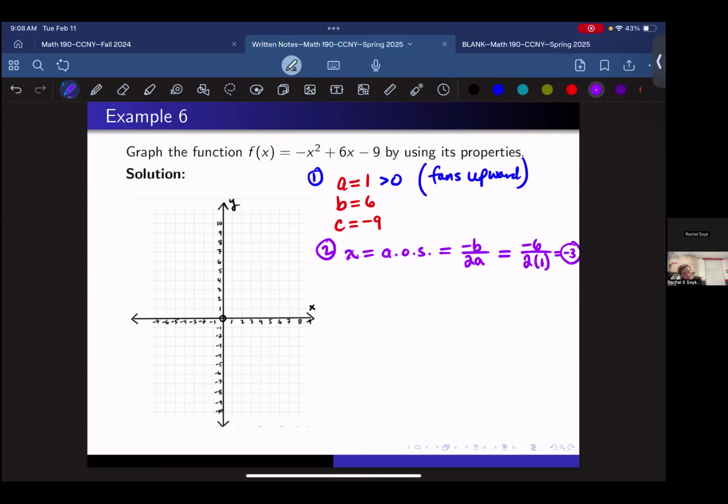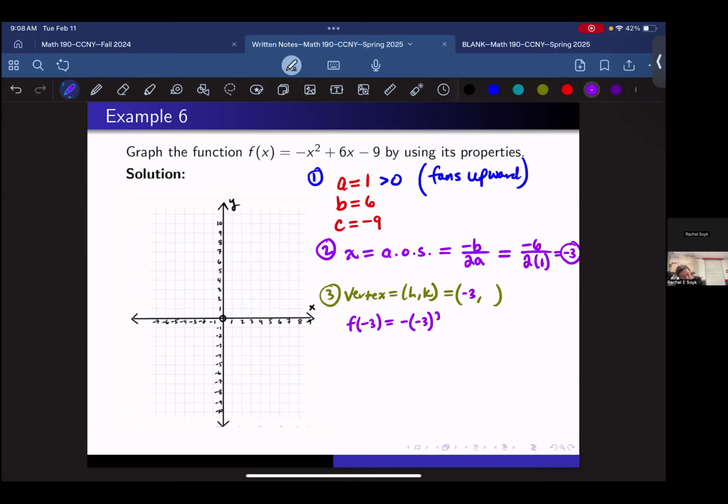All right. Third step, vertex. Our h comma k. Well, our h value is -3, but how do we figure out our k? We plug in -3 into our original function, and we solve for that y value, hence our k value.